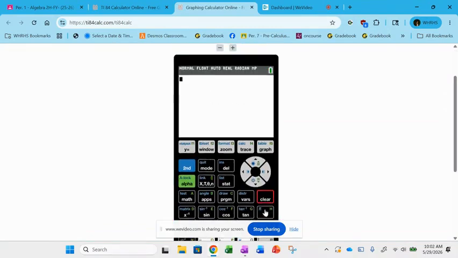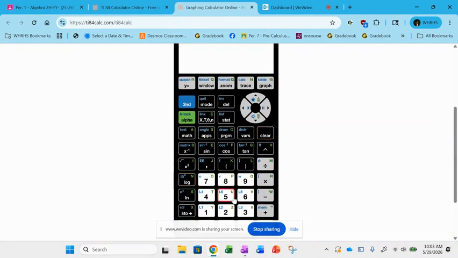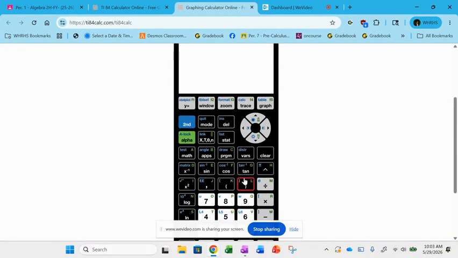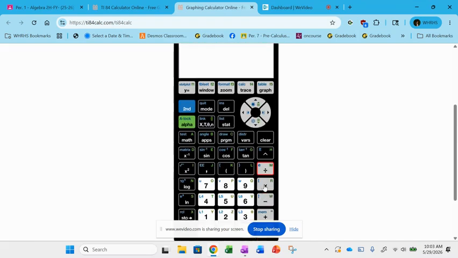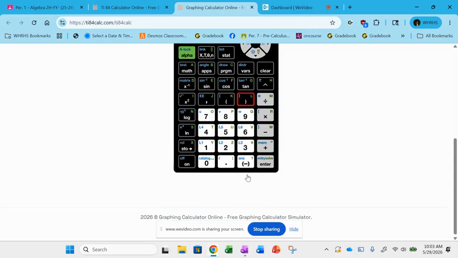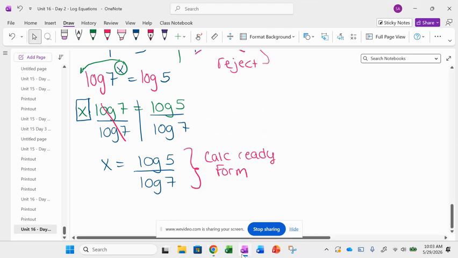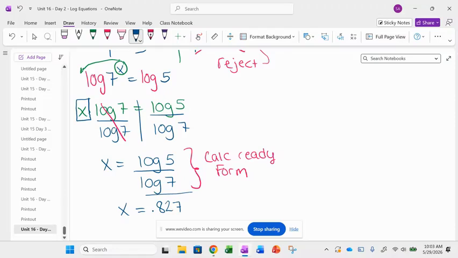And I'm going to type in exactly what our calculator ready form said. We're going to type in log of 5, close those parentheses, divided by log of 7. And if we're rounding to the nearest thousandth, we get 0.827. And this is our answer.